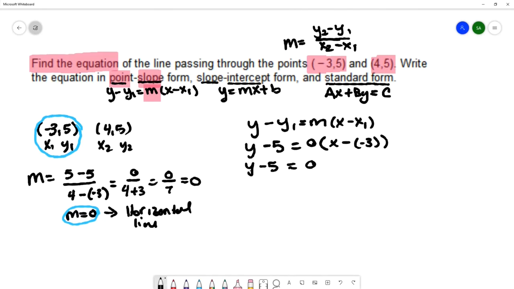Then we want to write our slope-intercept form. So let me just label this. I apologize, I labeled that incorrectly. That is our point-slope form.